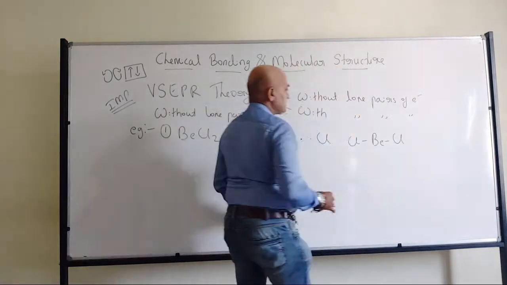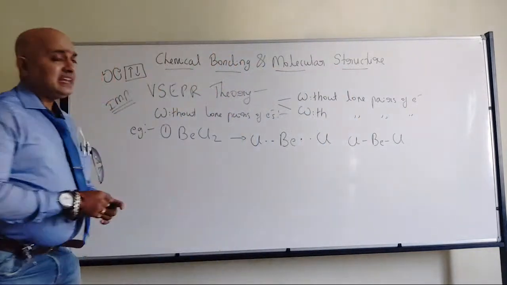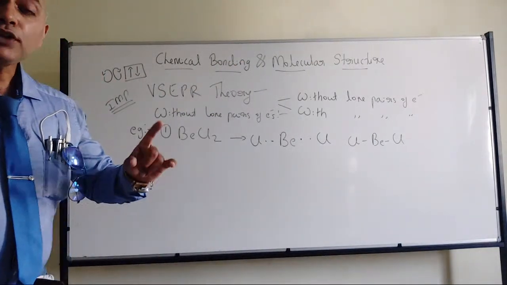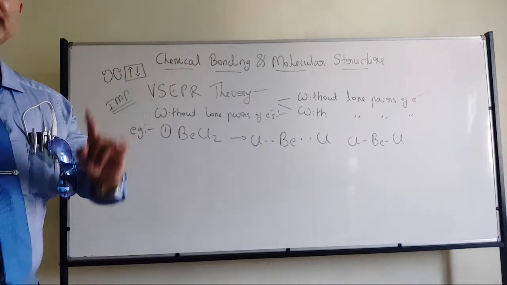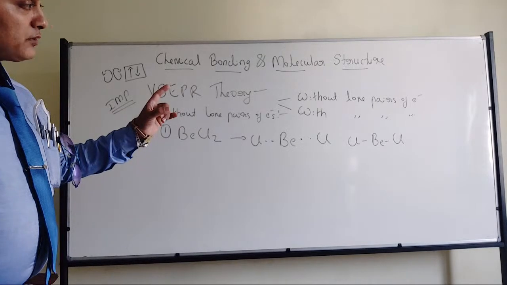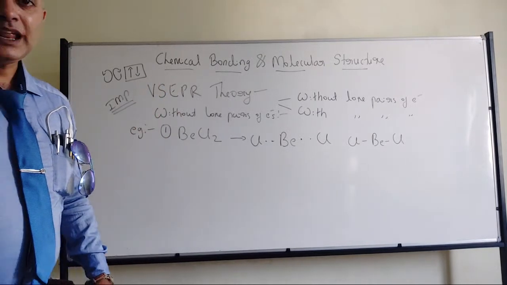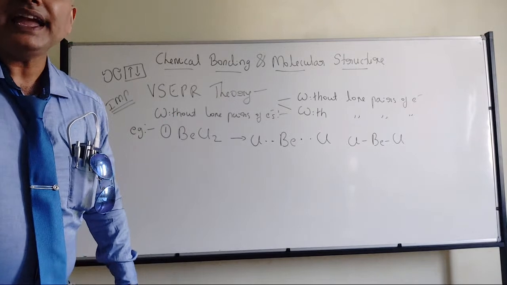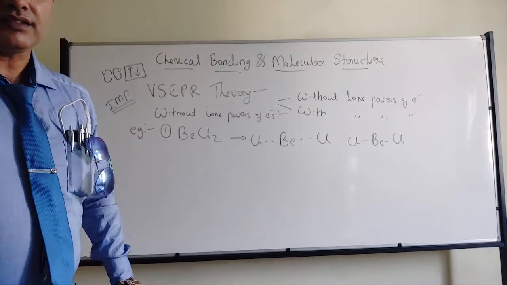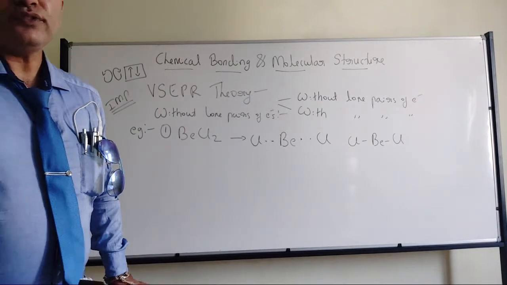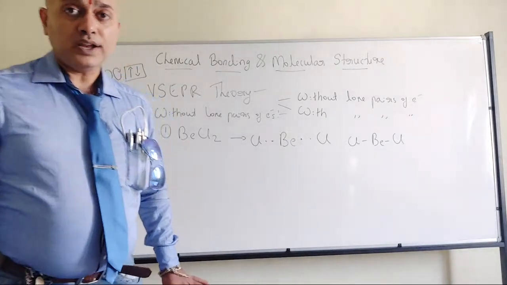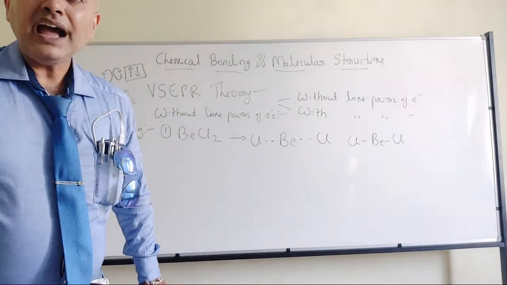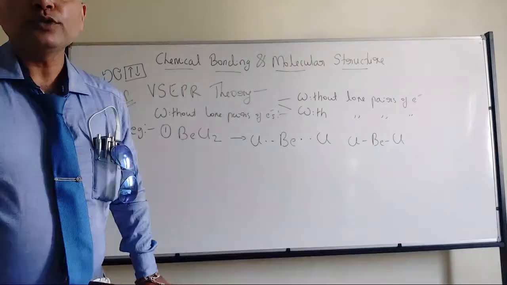Now, in beryllium chloride, I am talking about the central atom, that is beryllium. Beryllium, the central element, does not have any lone pair of electrons. Don't get confused, I am not talking about chlorine. Chlorine will have lone pairs of electrons, no doubt.